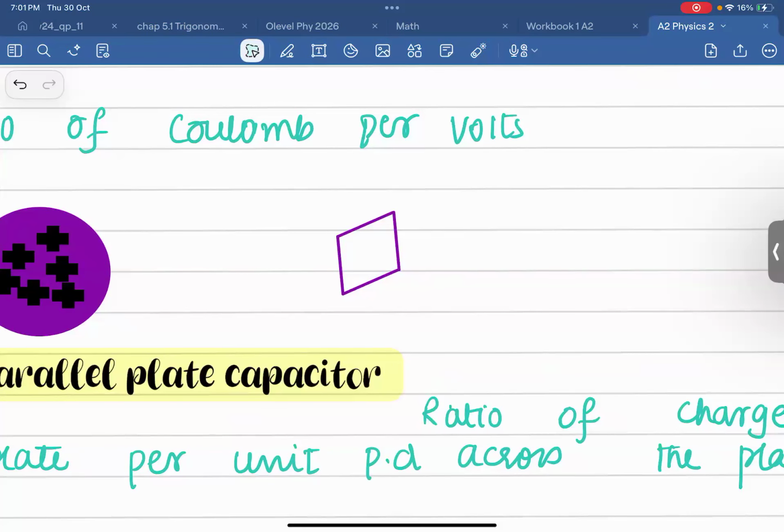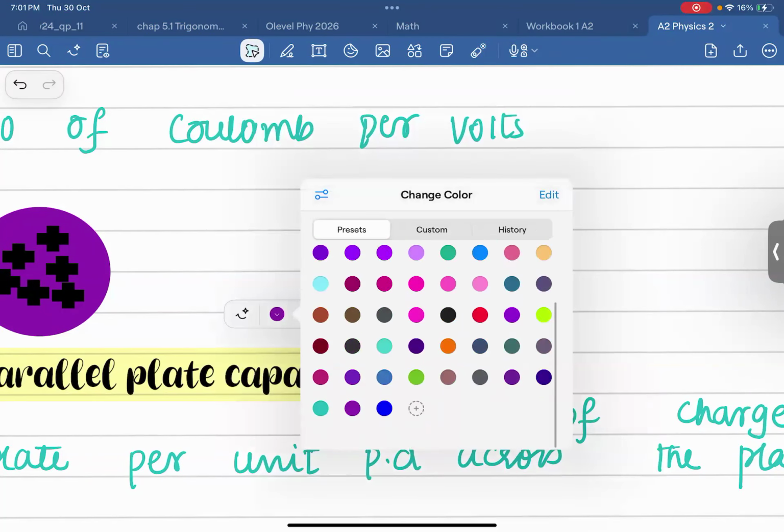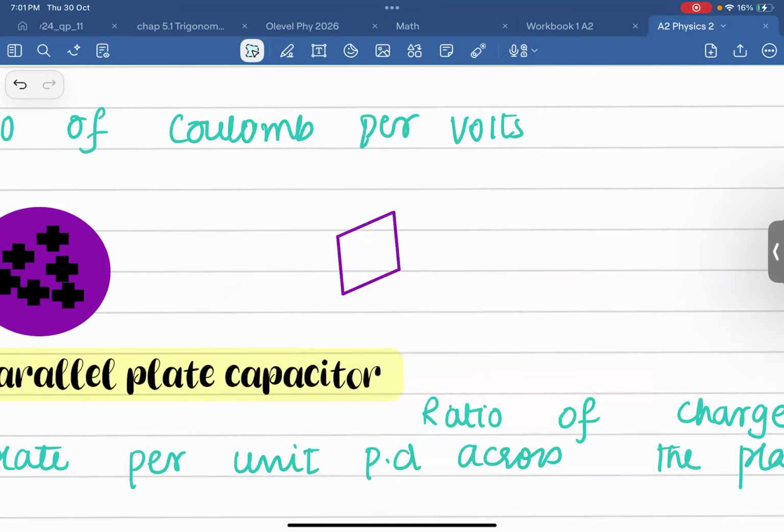Okay, and I want color. By the way, this is how it should look like. The parallel plate capacitor.